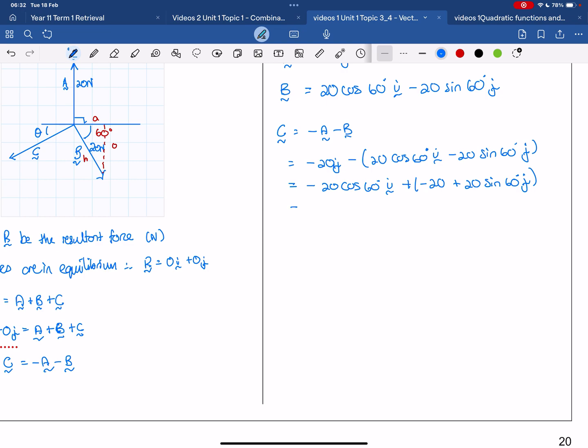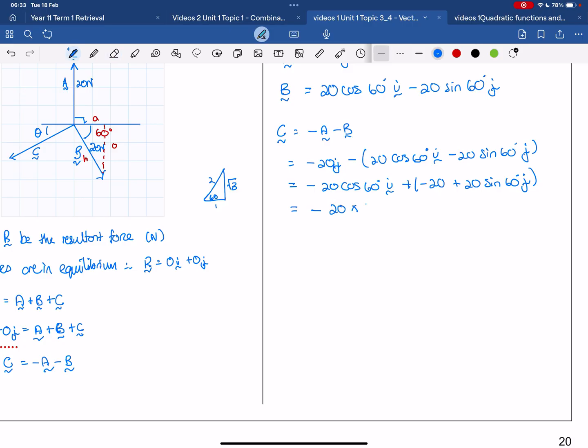Because those are cos of 60 and sine of 60, I know what those are, because I know my little triangle over here, 1, 2, root 3. Cos of 60 is a half, so that becomes negative 10. Or should we write the whole thing?